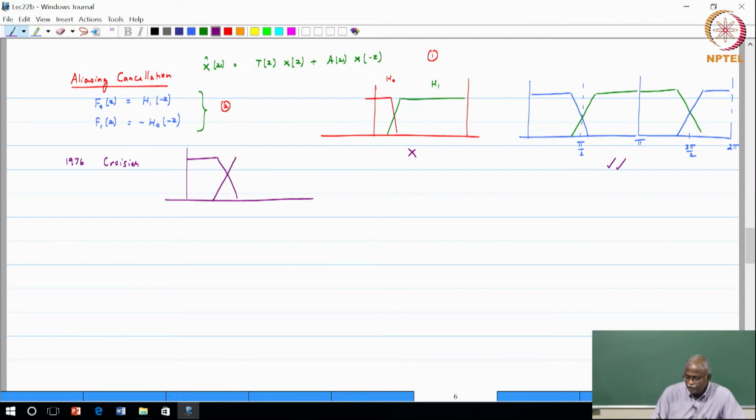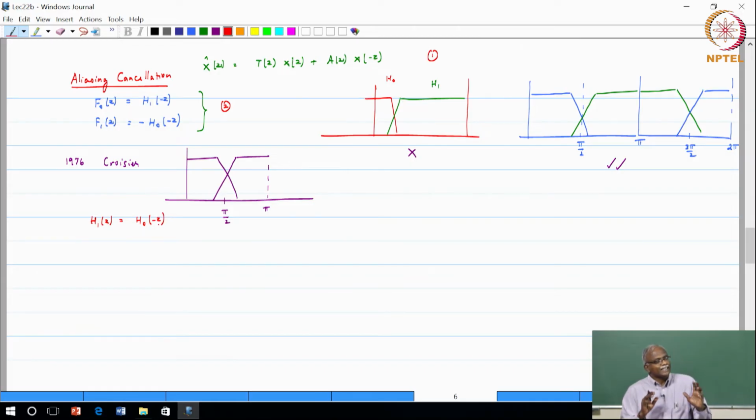He said, why not make them shifted versions of each other. If this is pi by 2, this is pi, I am drawing only from 0 to pi. The observation he suggested was: why not choose H1 of z to be equal to H naught of minus z.